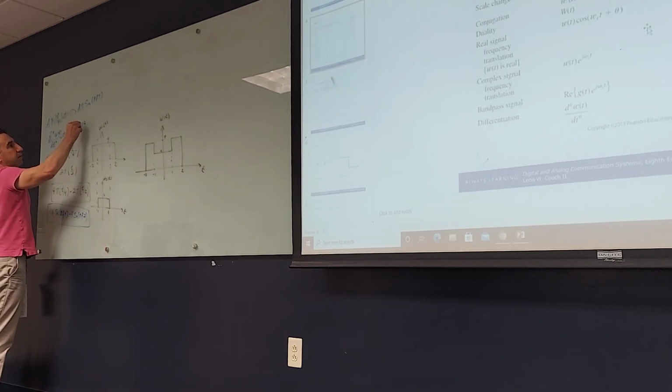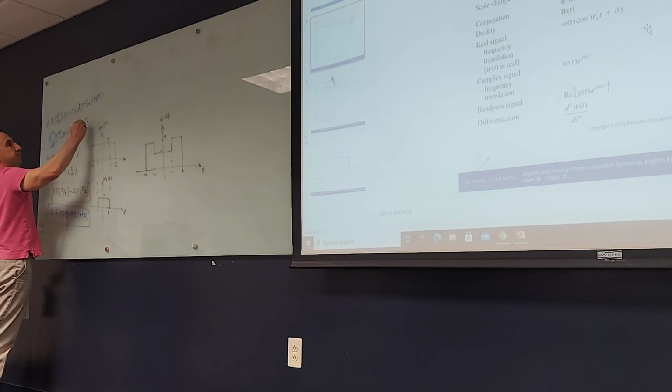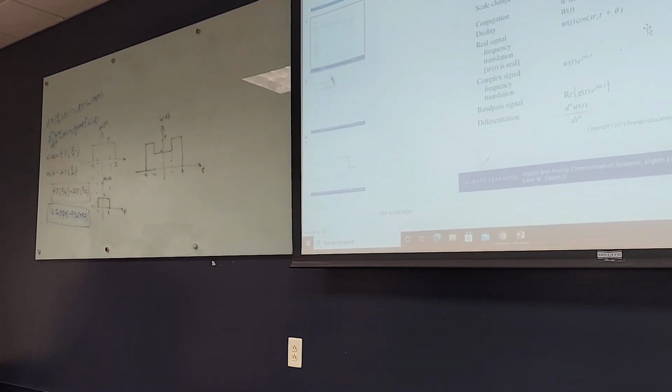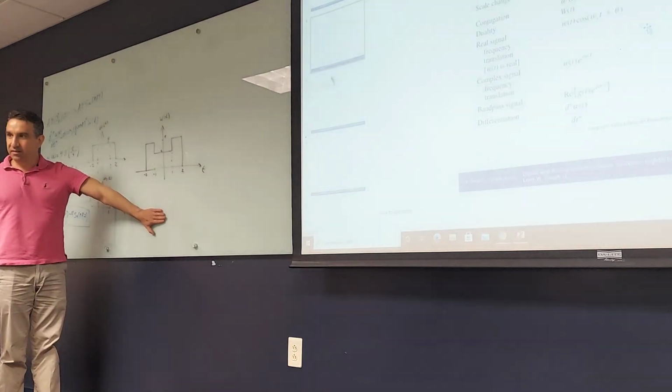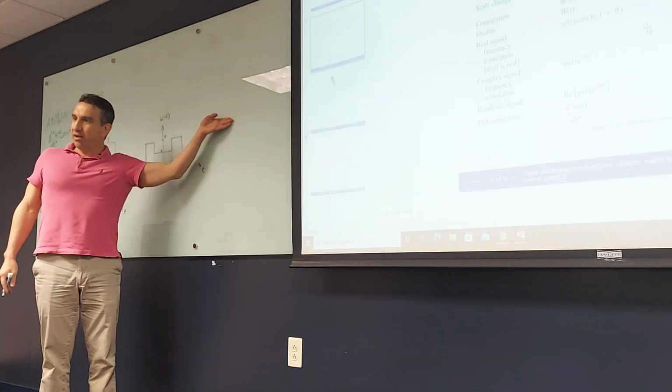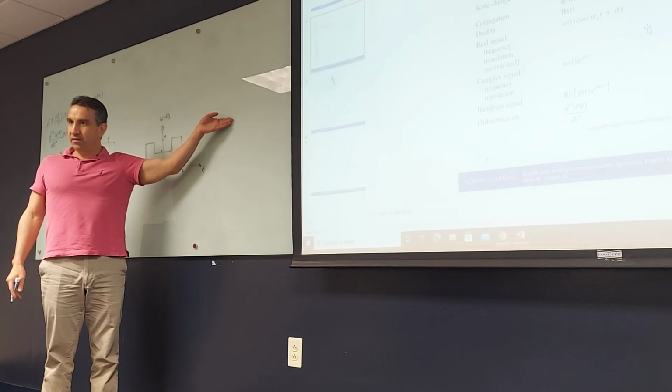Find W(f) using the first derivative. So get this, which is W(f), but taking the first derivative of this, finding the Fourier transform of the first derivative, and then go back to the original one. Like we did in the other problem.